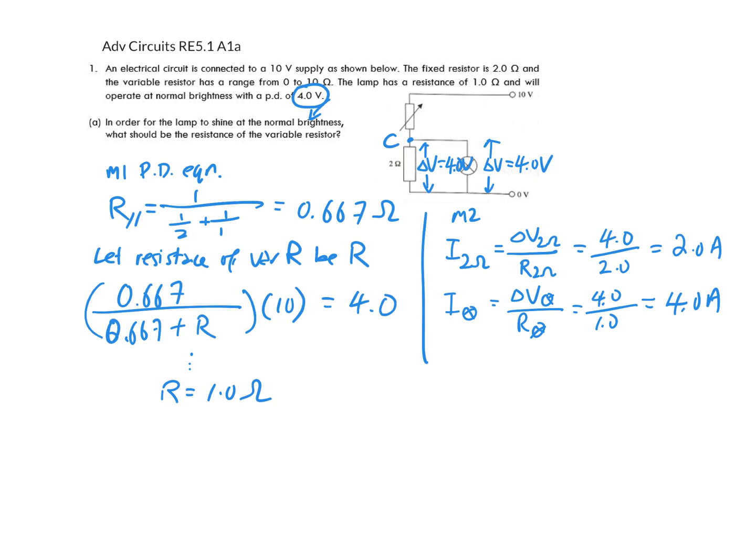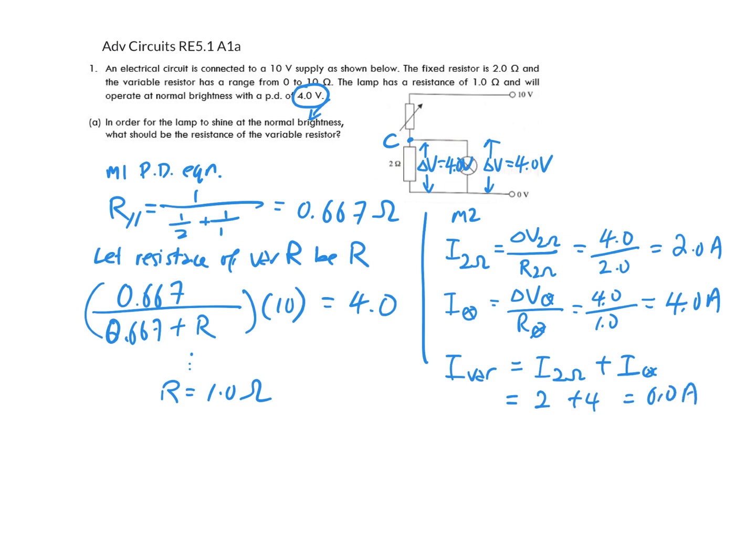Alright, so the current through the variable resistor will split into the current that is passing through the 2 ohm resistor plus the current that is passing through the light bulb. So with this, we know that the current passing through the variable resistor is 2 plus 4, that gives us 6 amperes.